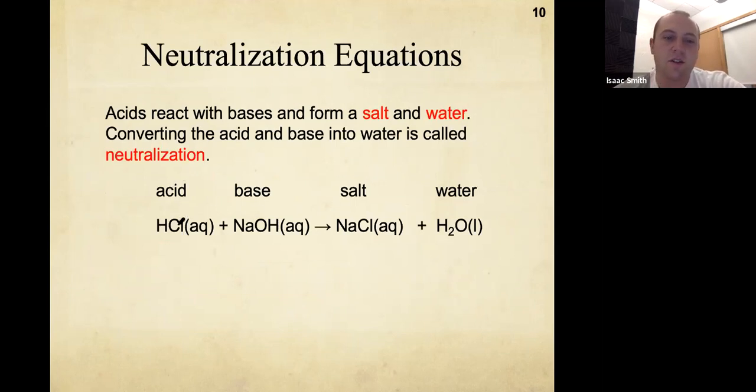Your salt is just going to be the conjugate base of the acid, which is chloride, and then the metal from the base combine to form your salt, and then you got water. The reason these are called neutralization reactions is because water, we talked about, has a pH of 7, and that's called a neutral compound, right?